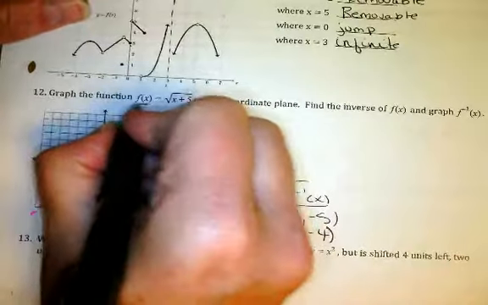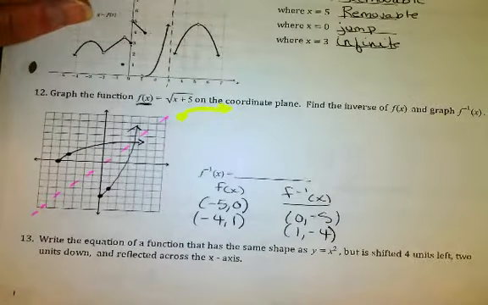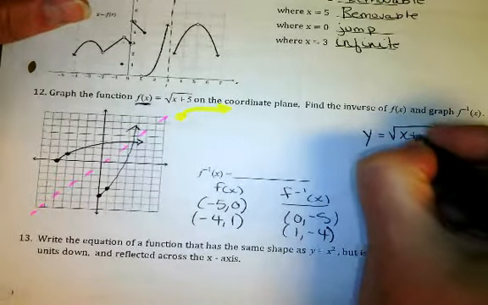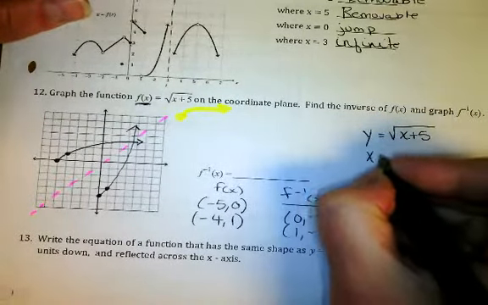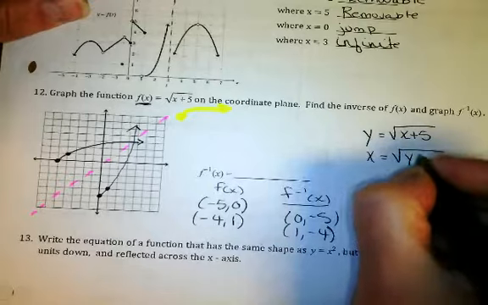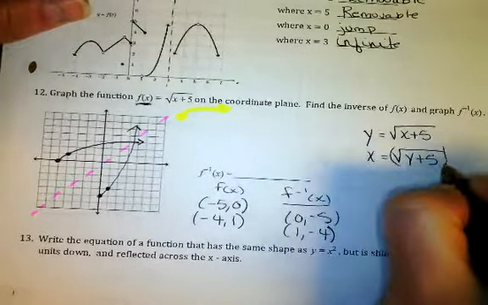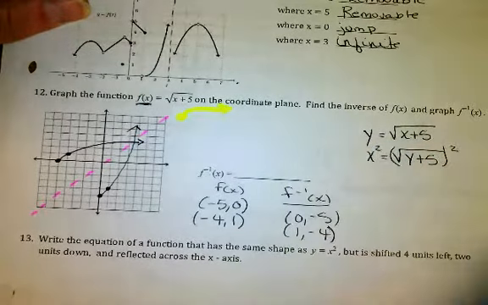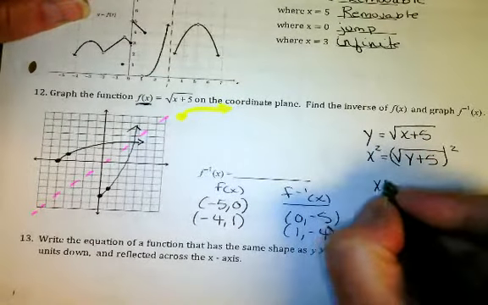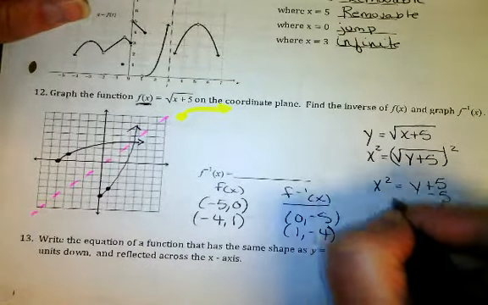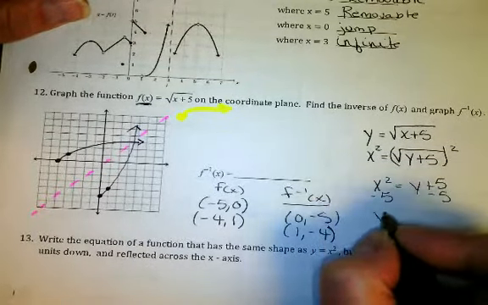Now, as far as writing the inverse, remember f of x is the same as y. So I have y equals the square root of x plus 5. You switch them, so make sure you switch them. To get rid of that radical, I'm going to square it. Whatever I do on one side, do the other. So now I have x squared equals y plus 5, minus 5, minus 5.